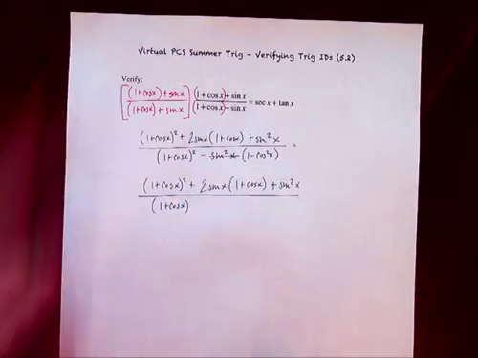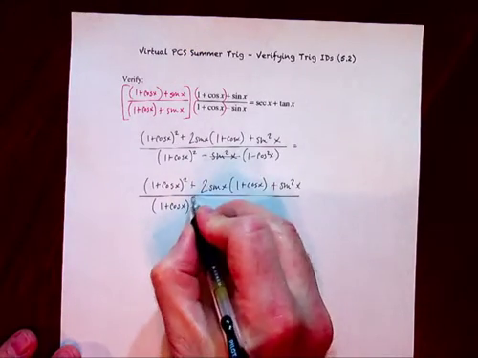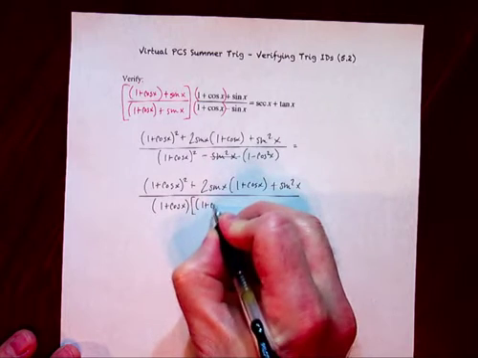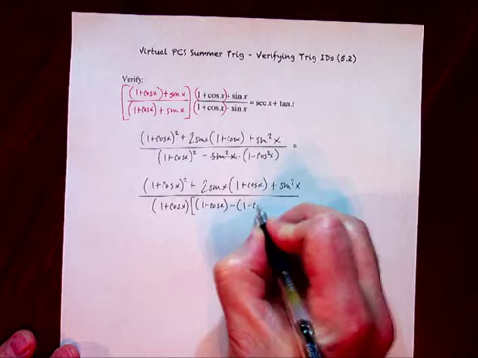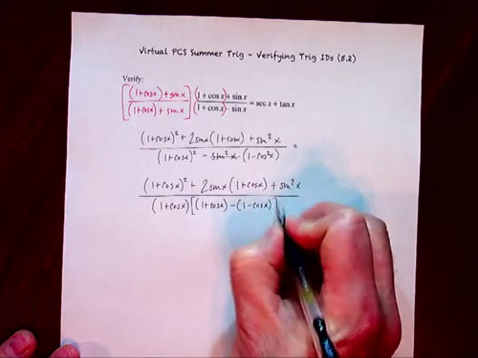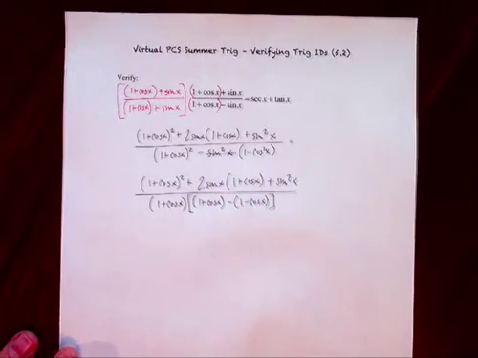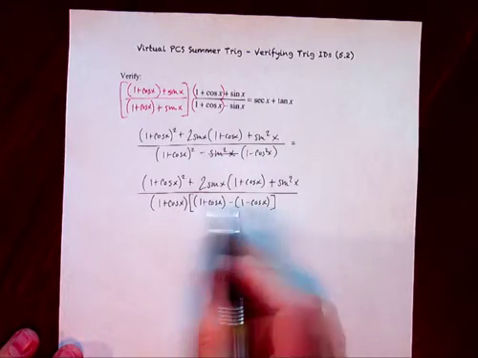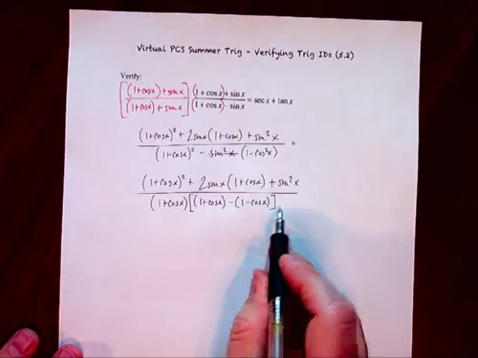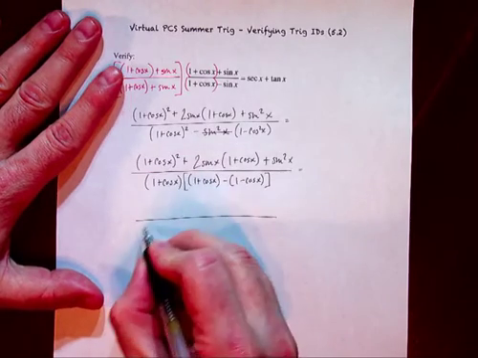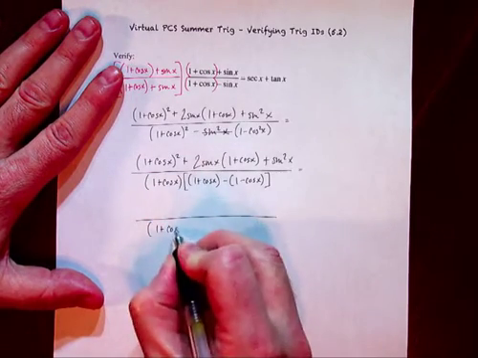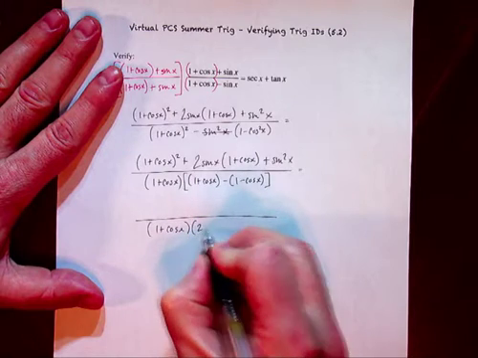Now if I factor it out, I'm left with a 1 plus cosine in that first one, and a 1 minus cosine in that second term. Those ones cancel out, that negative is going to be distributed, and what you're going to get in that denominator is 1 plus cosine x, 2 cosine x.